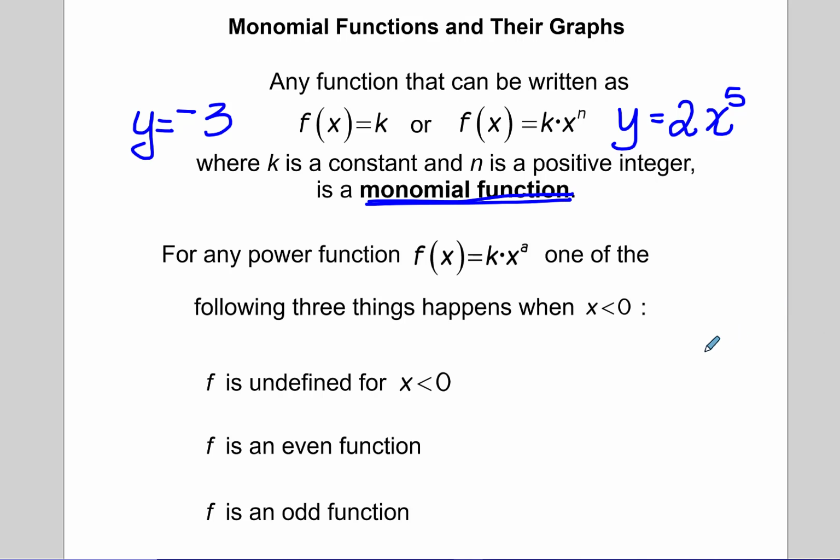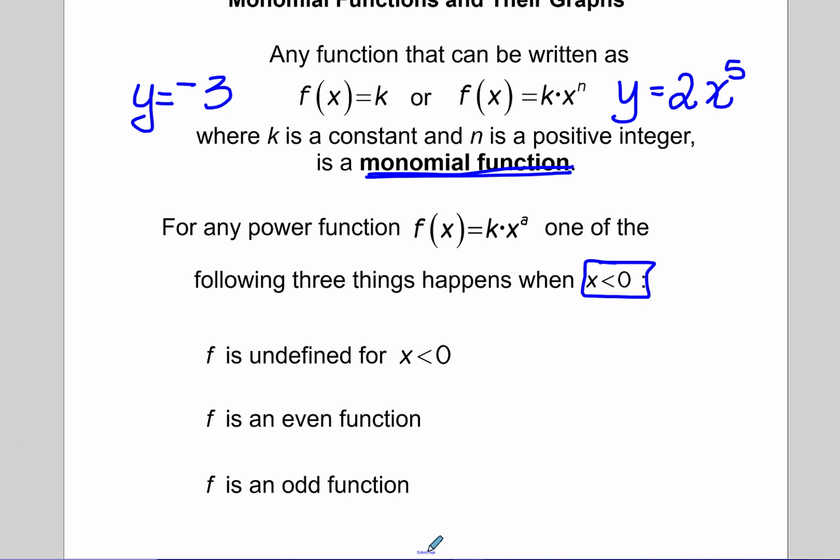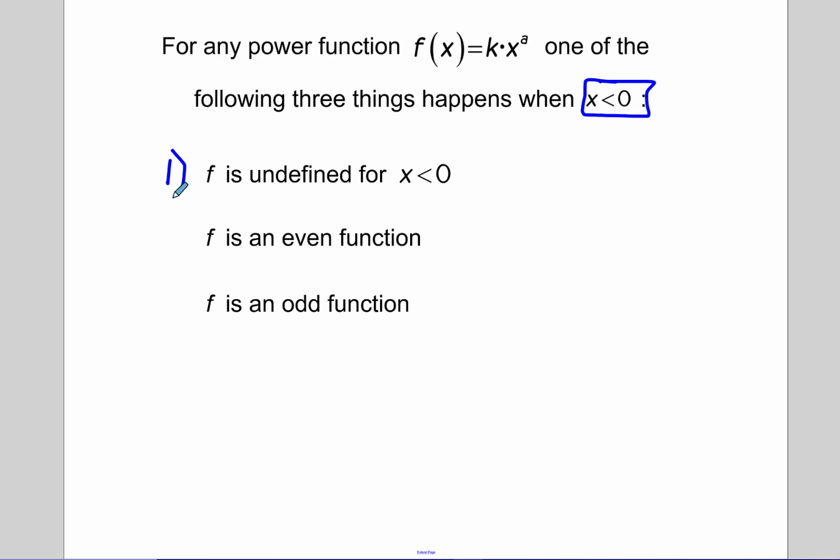And whenever we have a monomial function and you have negative x values, three things can happen. Either the function is undefined for negative x's, and I'm going to give you an example. Say the square root of x, you know, that function has no values over here in quadrant 4.